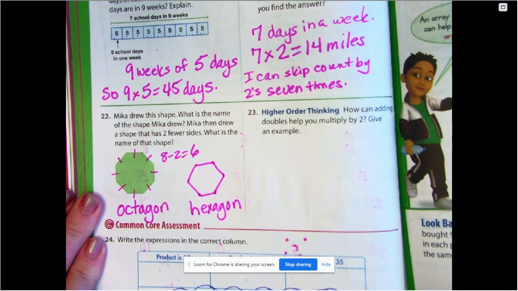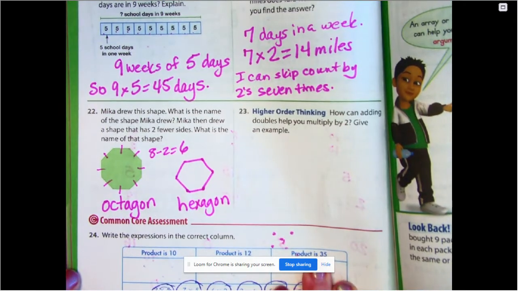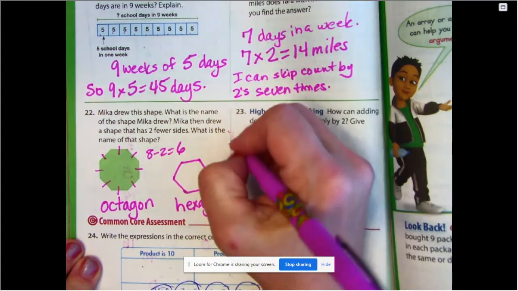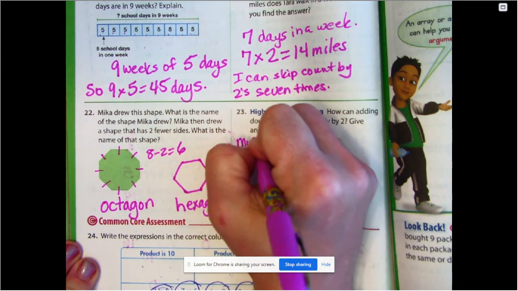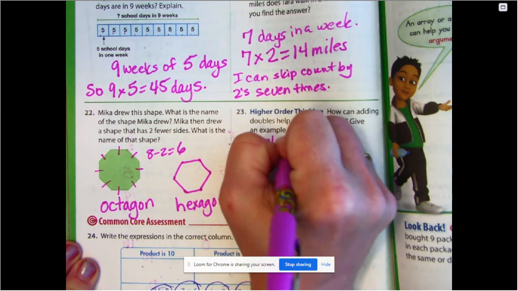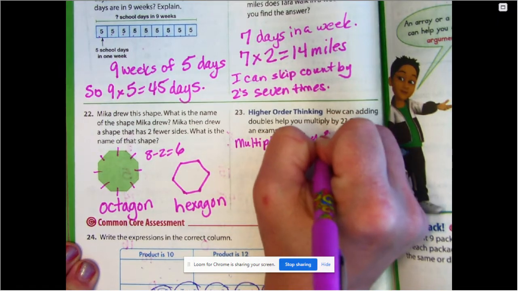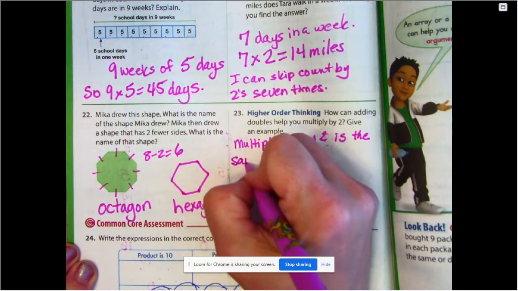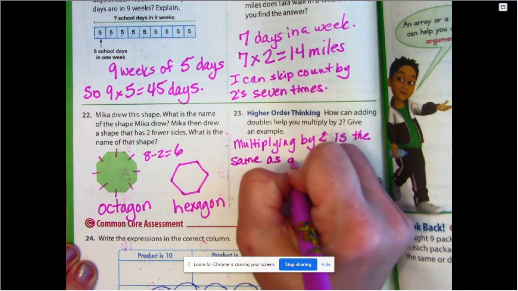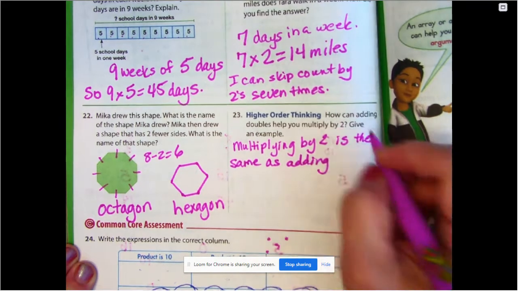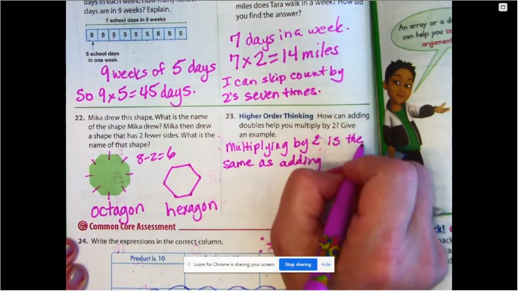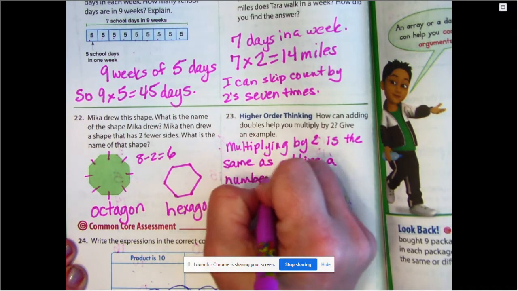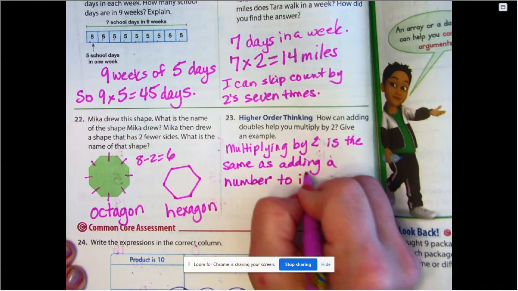All right, go ahead and get that written down. Number 23 says, how can adding doubles help you multiply by 2? Give an example. All right, so I'm going to write a couple sentences here. Multiplying by 2 is the same as adding a number to itself.